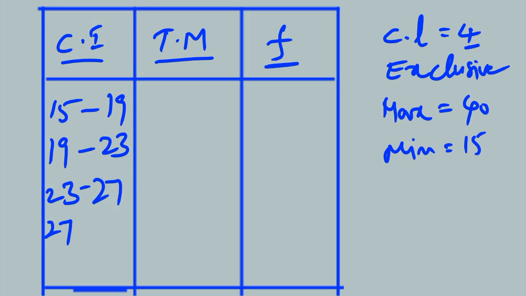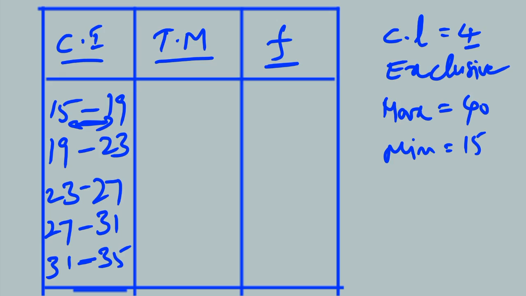Again start with 27. 27 plus 4 is 31, and again start with 31. 31 plus 4 is 35. Don't think it is a minus symbol, it is 'to'. 15 to 19, 19 to 23. Don't read it as 15 minus 19.